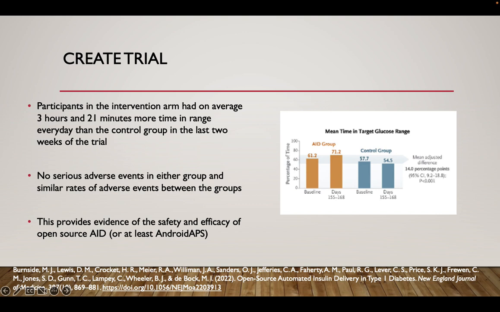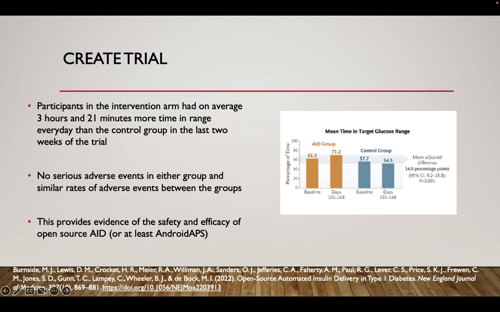When I was doing the qualitative work with participants from the CREATE trial, I won't present all of that here, what we found is that the participants loved the system. They would have liked to keep using the system from the trial, but they planned to go to a commercial system because what they really valued was having dedicated user support.